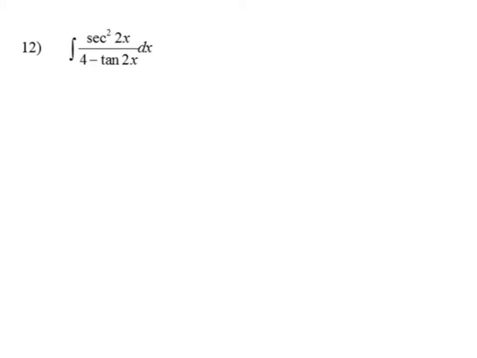Okay, here's another example. And this looks like a good time to use u substitution. Since I've got both tangent and secant in the same equation, I think I'm going to just see if this will work. If I can let u be 4 minus tangent 2x.